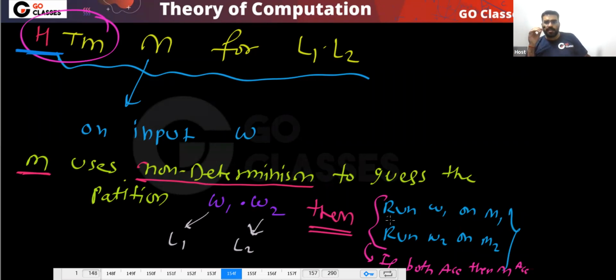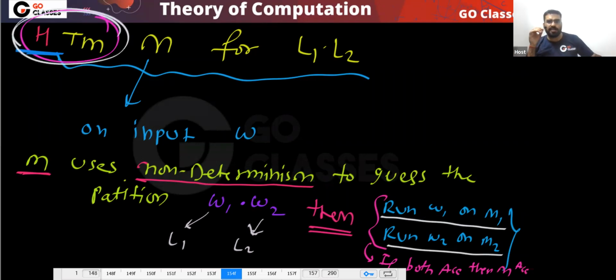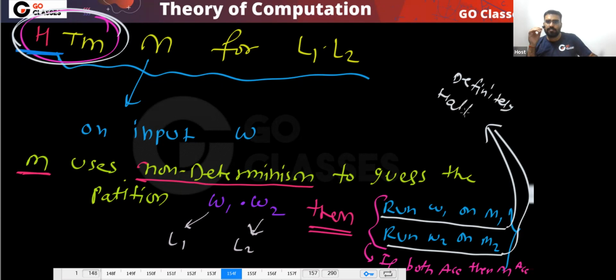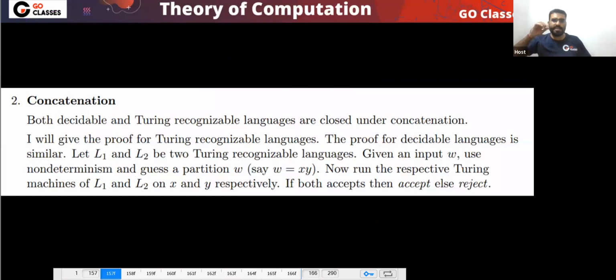These runs will definitely halt, so that is the reason you can guarantee this is a halting Turing machine. So finally we have created a halting Turing machine. The idea is enough. Is this clear? So this is the idea for concatenation.